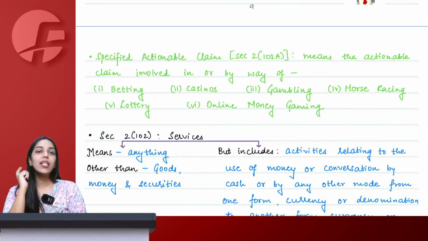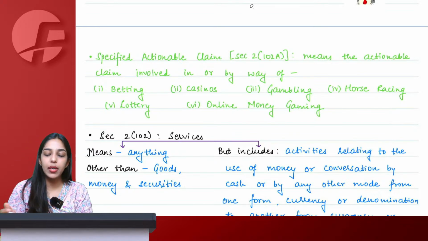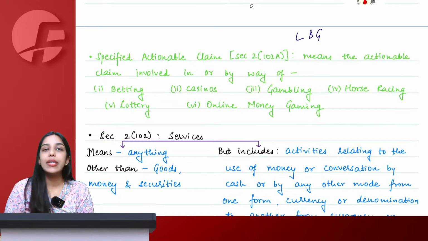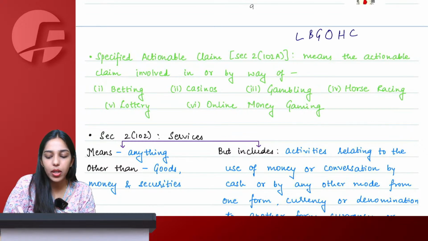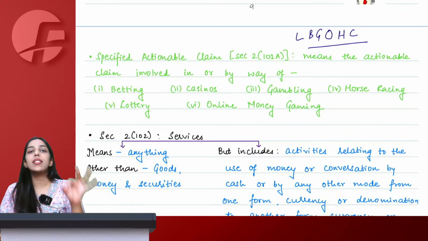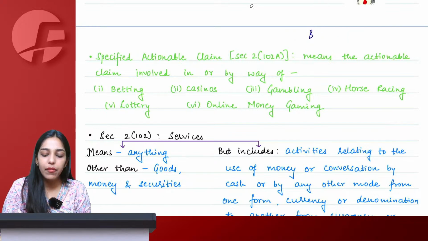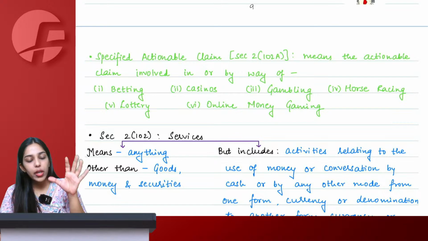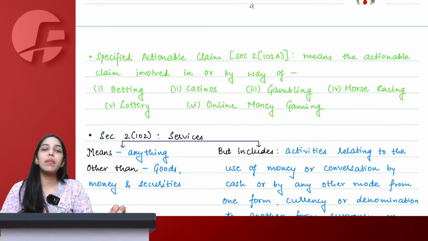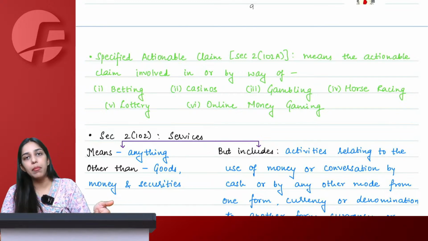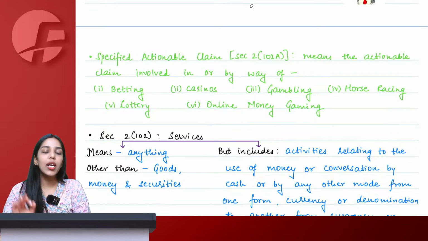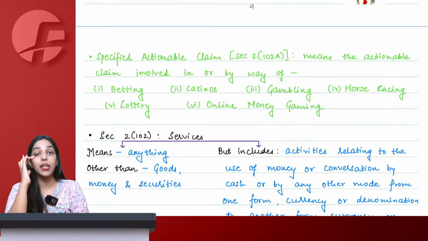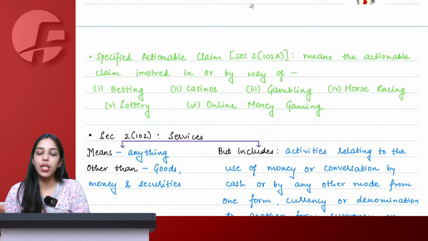With me, what are these 6 specified actionable claims? Lottery, betting, gambling, online money gaming, horse racing and casino. 6 specified actionable claims. Everyone with me. For now, just remember, when we go to the supply chapter, you will realize why I made you remember and what was the need. For now, what you can maximum do is remember the 6 specified actionable claims.